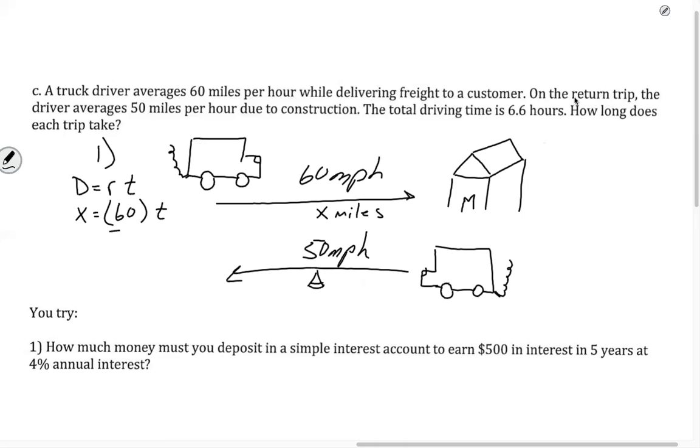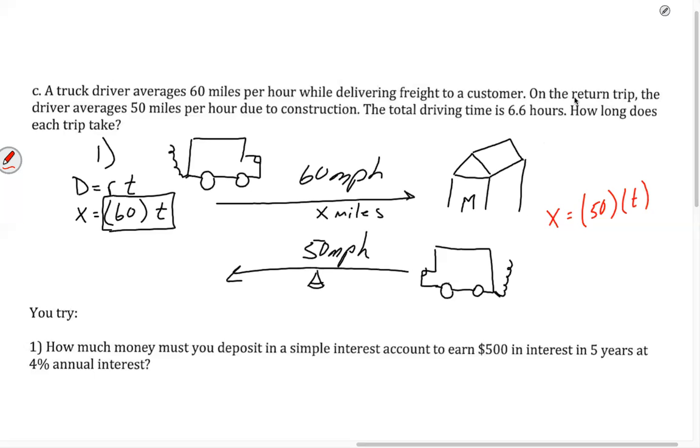So let's pay attention to that. It took me some amount of time to go at 60 miles per hour to go x miles. Right? And I haven't done this problem, so I'm just walking through it. Now on the other side of this, to go home, which was also x miles, it was 50 miles per hour times a different t.